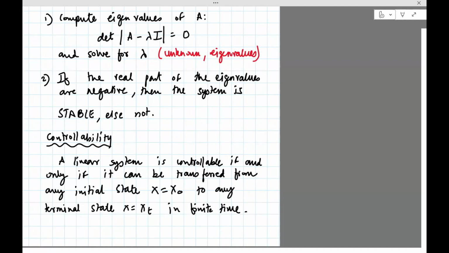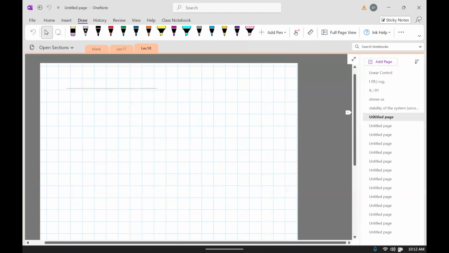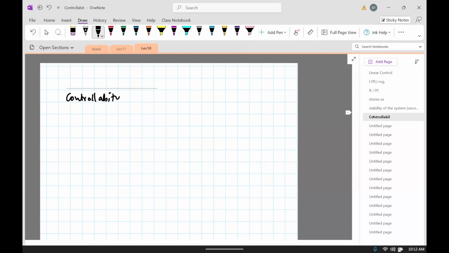It's called a controllability matrix, and I'm going to define it now. I'm not going to do the derivation, but what we do is we set up a controllability matrix, which is called CO. It's defined as follows. Since we know that the system has a matrix A and B associated with it, and we know n, which is the degrees of freedom of the system.